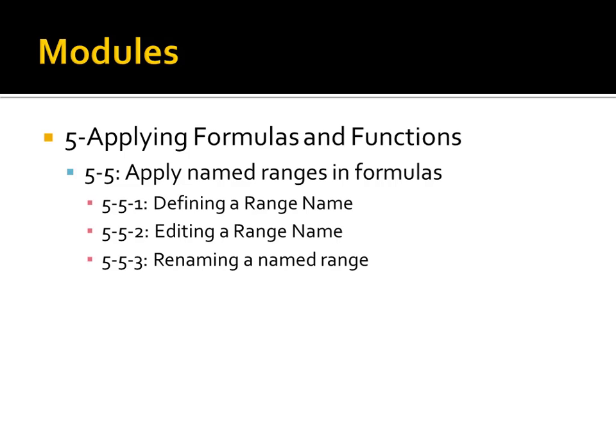So there are 3 sub-modules of Applying Named Ranges. One of them is called Defining a Named Range. 2 is Editing a Range Name. And 3, Renaming a Named Range.